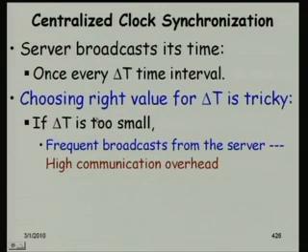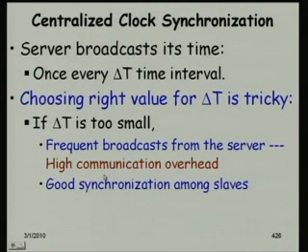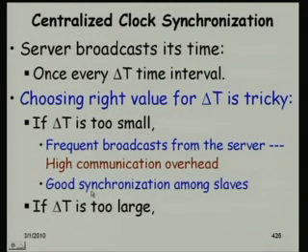So, if delta t is too small, there are frequent broadcasts from the time server and result in high communication overhead, but there will be good synchronization among the slaves. On the other hand, if delta t is too large, then the clocks will not be synchronized towards the end of this delta t time interval, right.